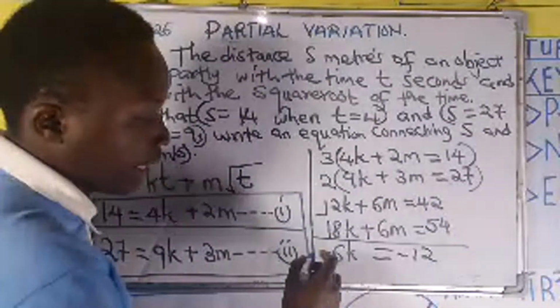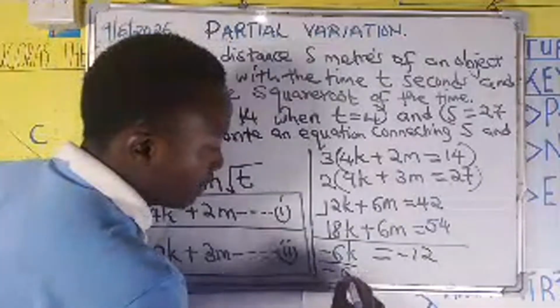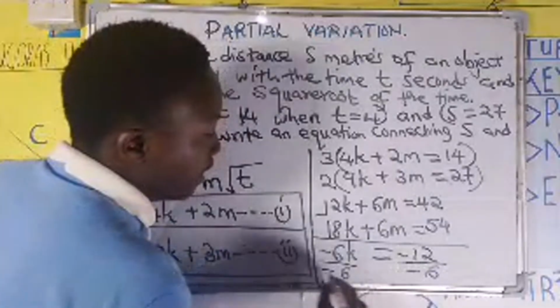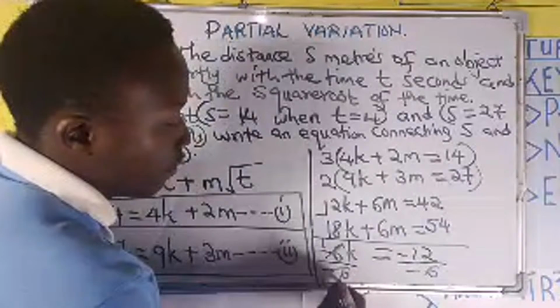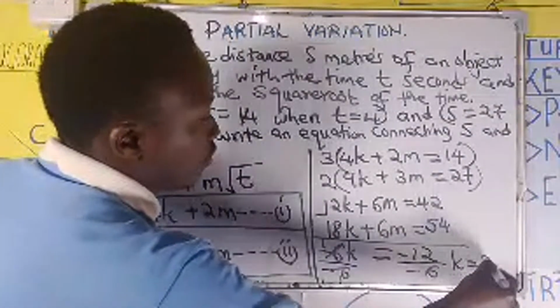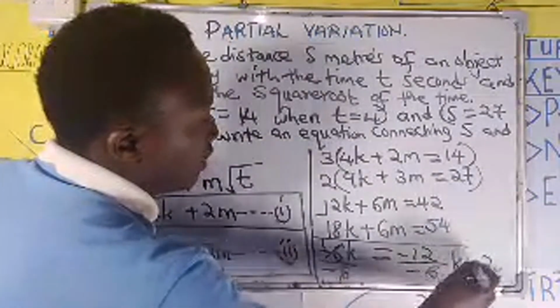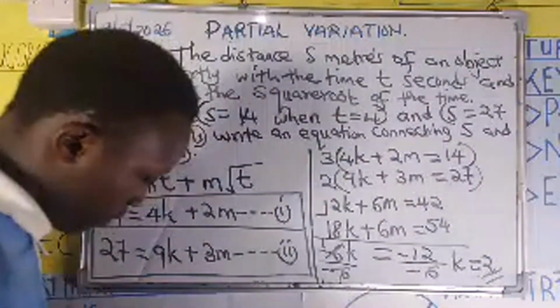For us to get k, we divide both sides by negative 6, and by doing so, we get k equal to 2.